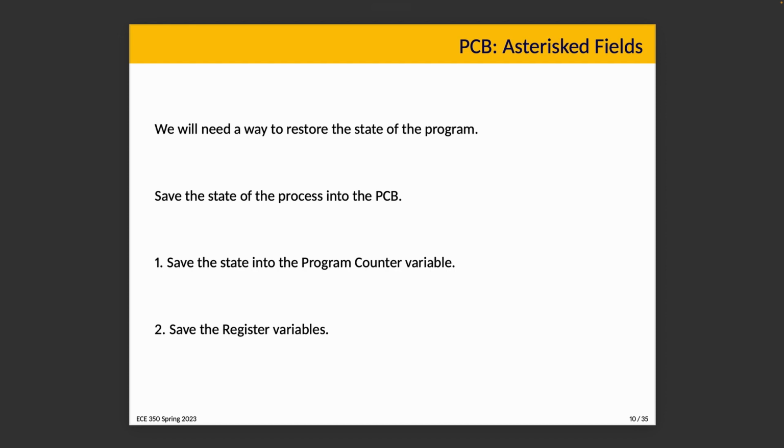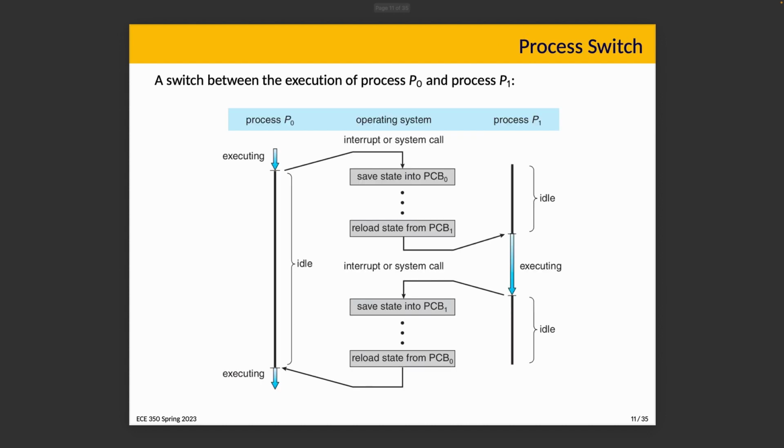Okay, and we've said also that the purpose of a couple of the fields, particularly the program counter and the context information or registers, is used as storage. So we talked about a switch between processes, and I even showed this diagram where process P0 is executing.